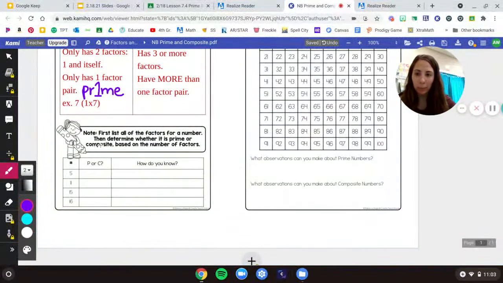So let's look down here. Okay? First, we want to think of all of our factors for the number. Then we have to decide if it's prime or composite, and we have to say, how do we know? So let's think through 5. What factors work with 5? 1 times 5, good. All right, let's go on to our next one.